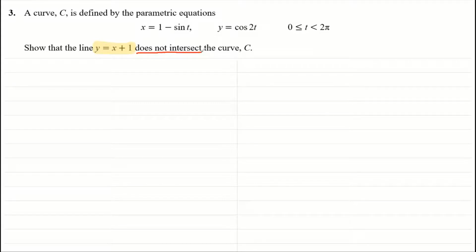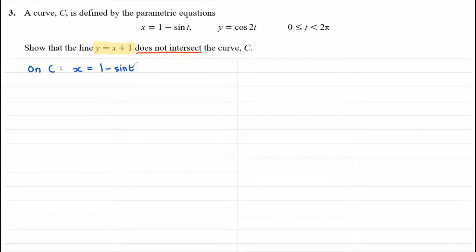Now, if you want to show that 2 equations are intersecting, then you have to substitute one into the other essentially. Now, if the equation for the curve is valid when the line is valid, then obviously the x component of the straight line must correspond to the 1 minus sine t. So on the curve C, we know that x is equal to 1 subtract sine t.